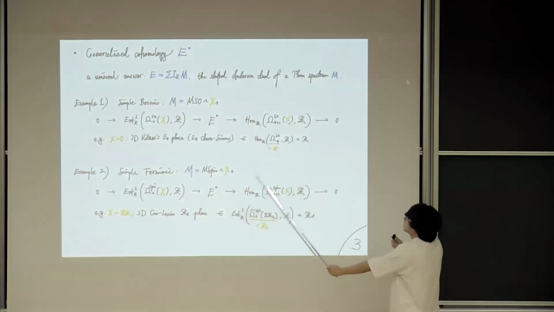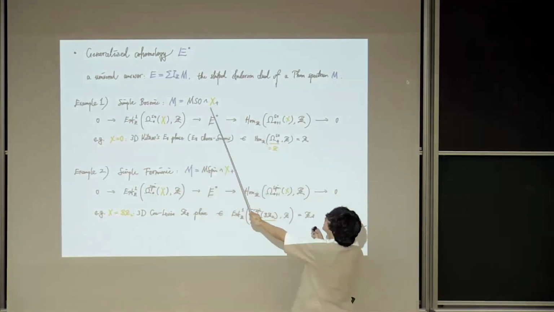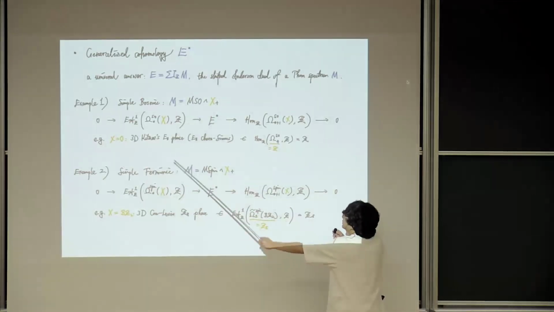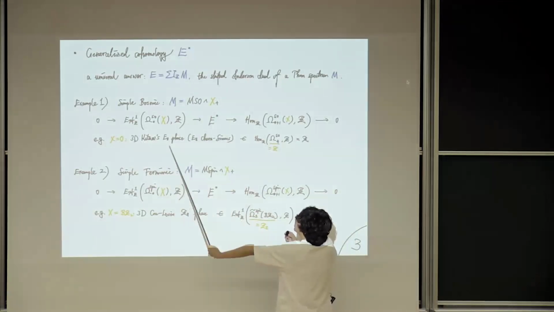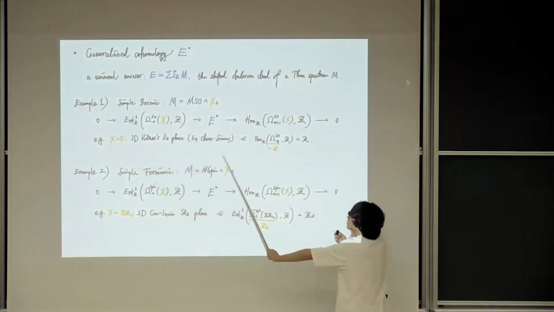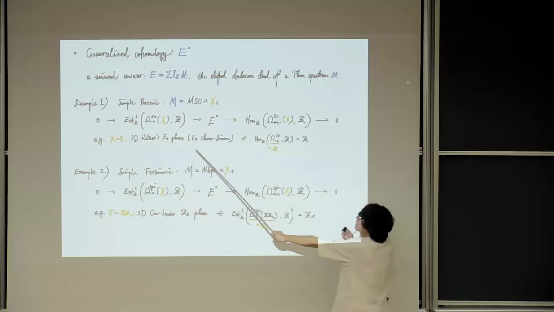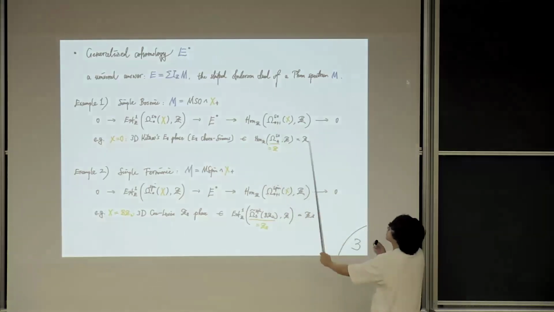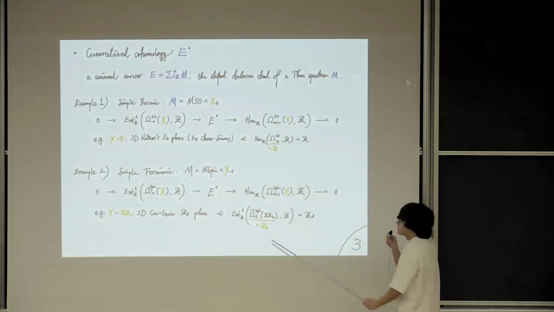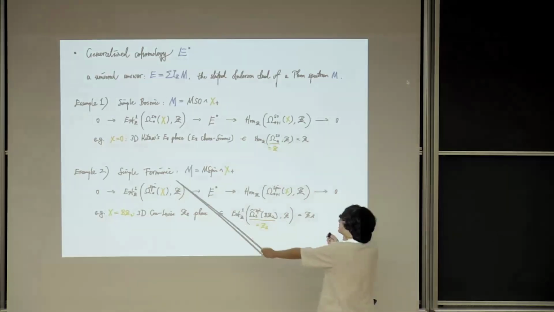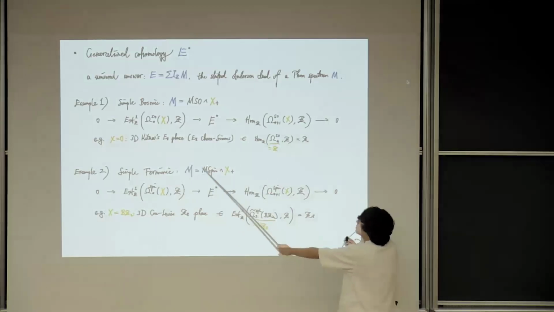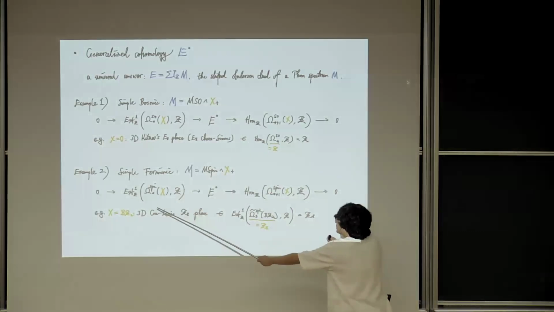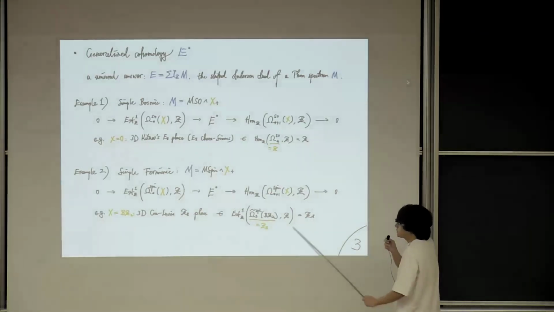For example, if we take the classifying space to be trivial, then the 3D Kitaev E8 phase, roughly speaking the E8 Chern-Simons theory, will be classified by exactly this object. If we consider a simple fermionic system, we should change MSO into MSpin because we want a spin structure, and then we get another similar exact sequence.